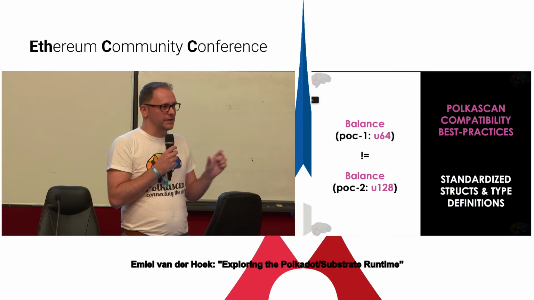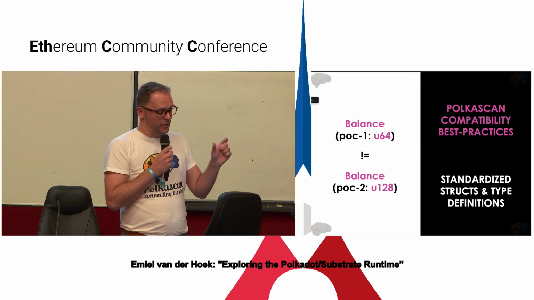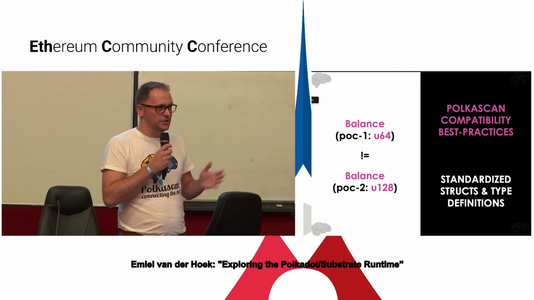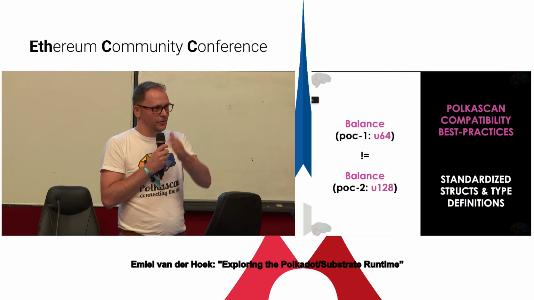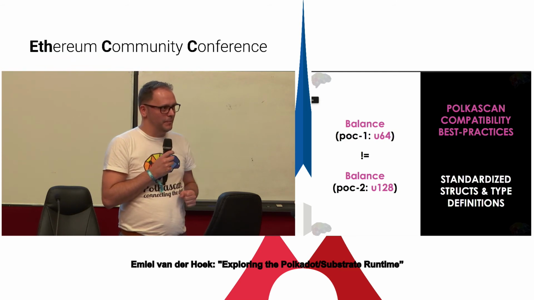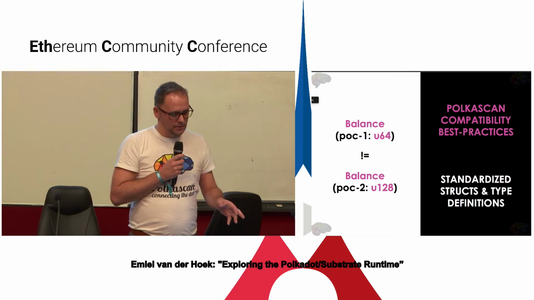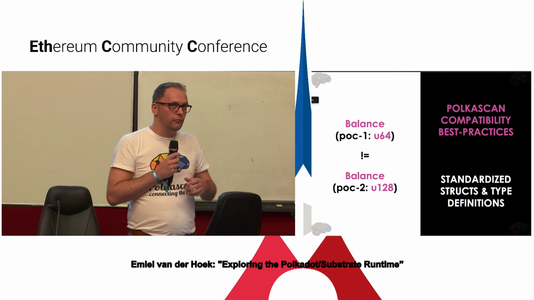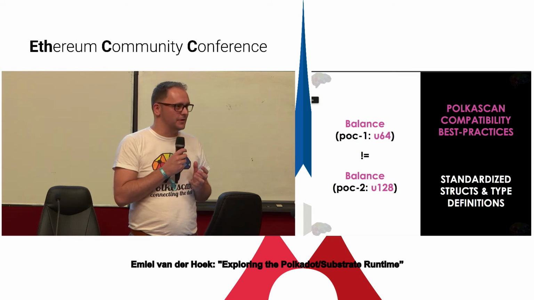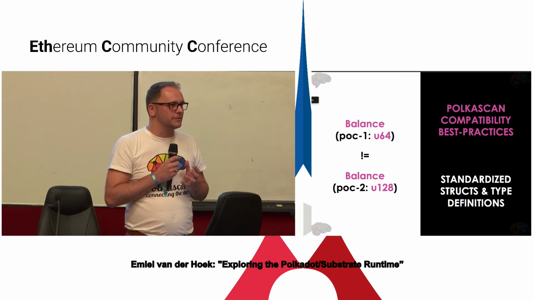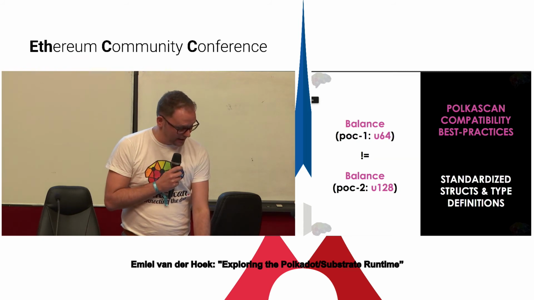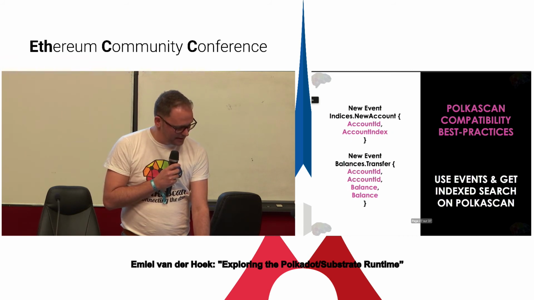It really makes a difference if you scrape 64 bits or 128 bits because you just don't know where the meaning of your byte string or bit string stops and where the next section starts. So I guess it would be good for the ecosystem to come up with some sort of registry of reserved words, and perhaps PolkaScan can be that resource for a while at least, until we address these types of problems.